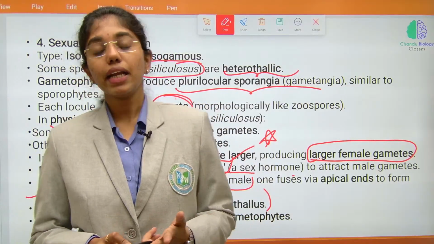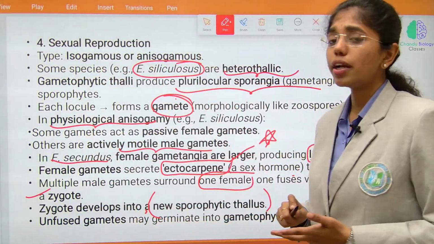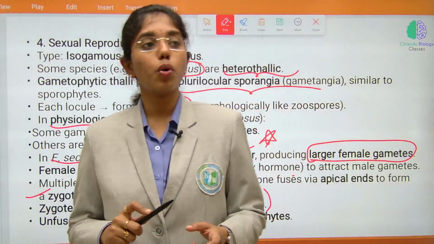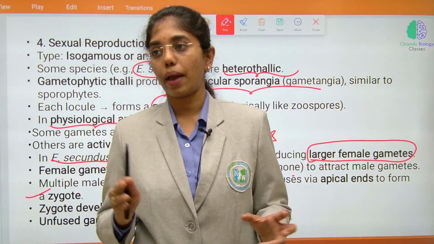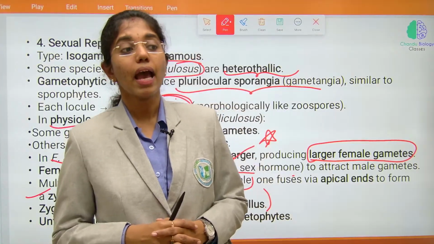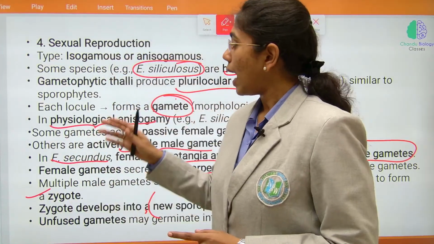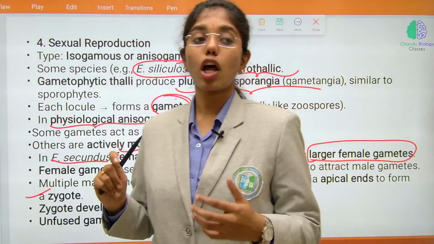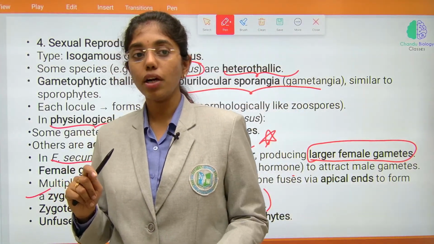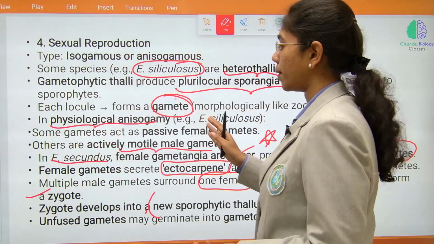The second is sexual reproduction. Sexual reproduction is both by isogamy and anisogamy. Morphologically we observe isogamy and physiologically anisogamy.